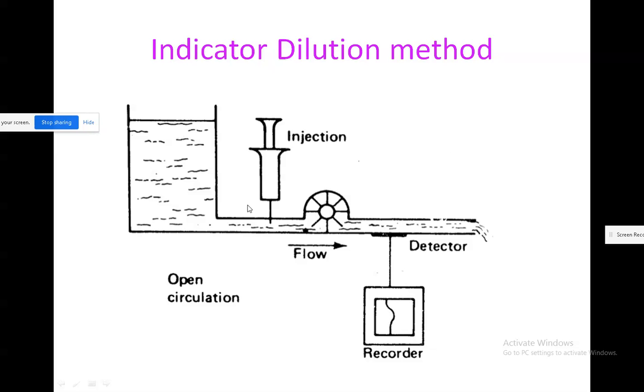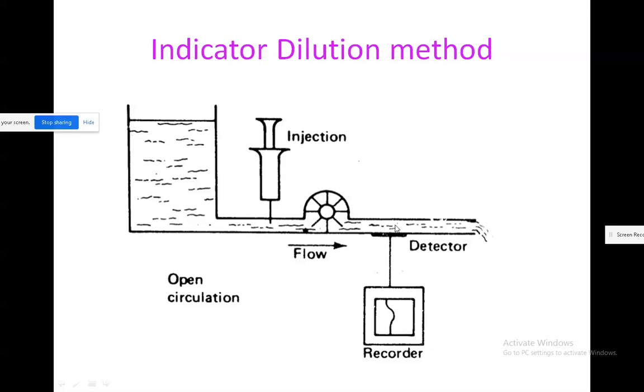This is a small sample setup for the indicator dilution method. Here you are going to inject the indicator in the blood vessels of the heart, and then it will be diluted with your blood.